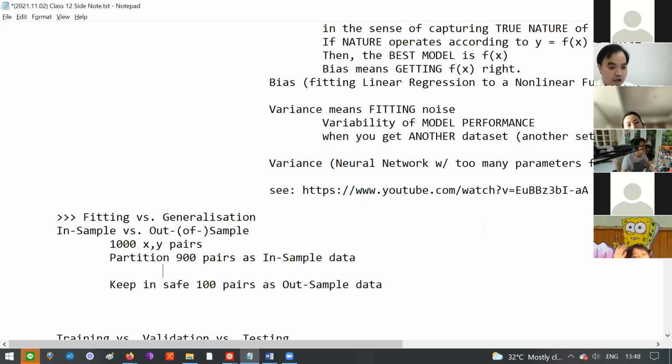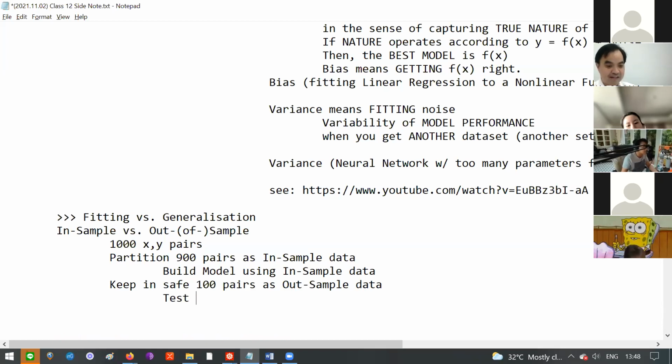Okay. You build the model using in-sample data, but then you test the model using out-of-sample data. So this thing is going to be very good at fitting.